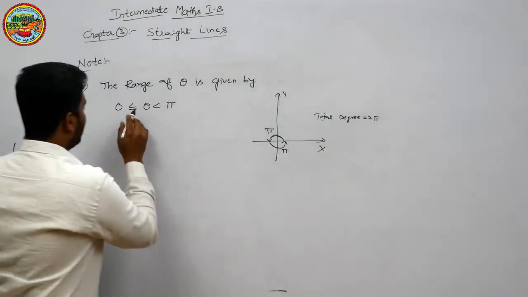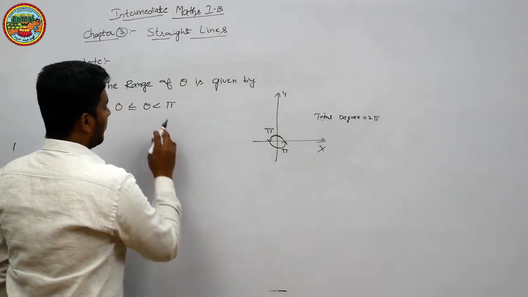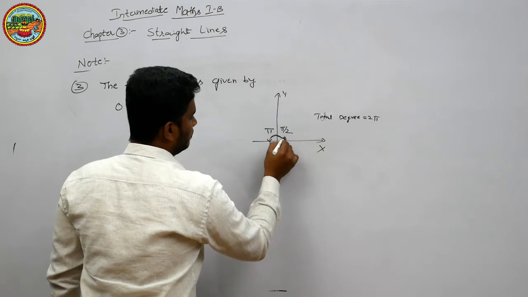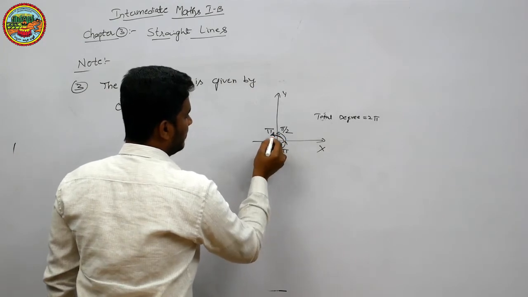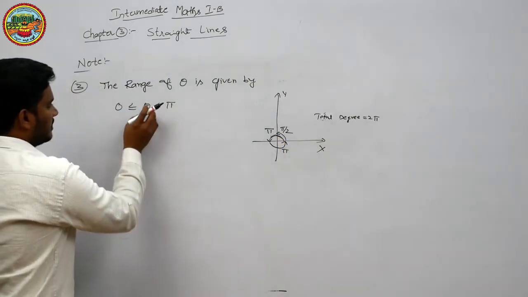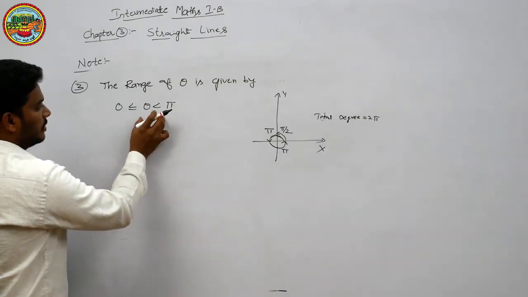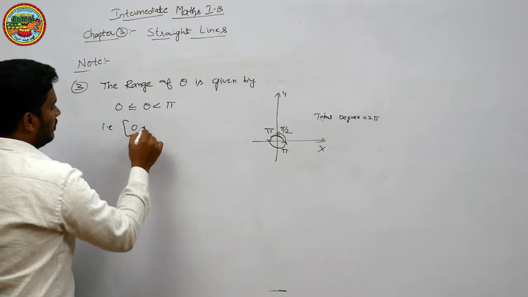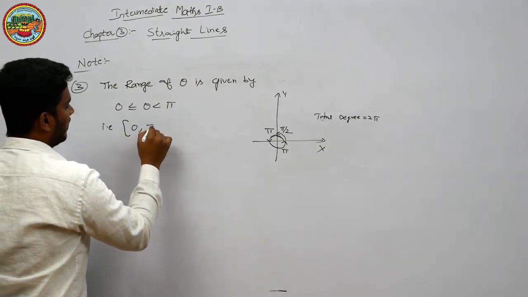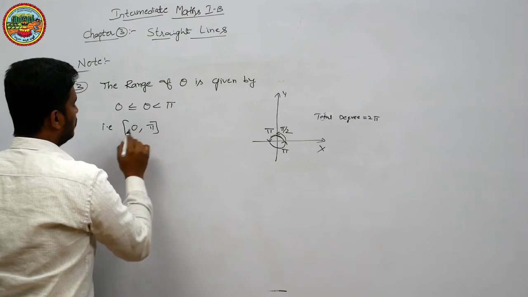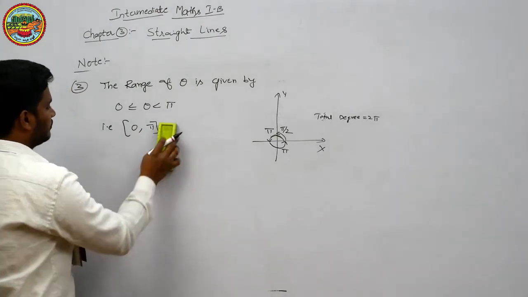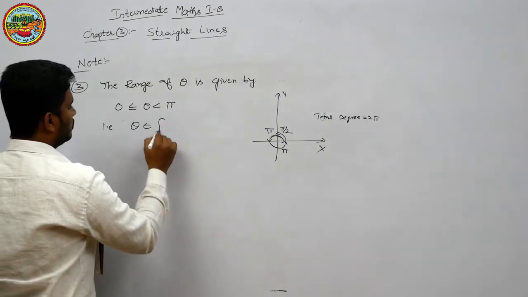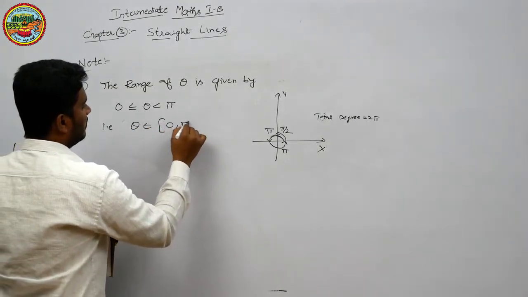This is pi by 2, and this total angle is pi. So theta always lies between 0 and pi. That means theta belongs to the closed interval 0 comma pi.